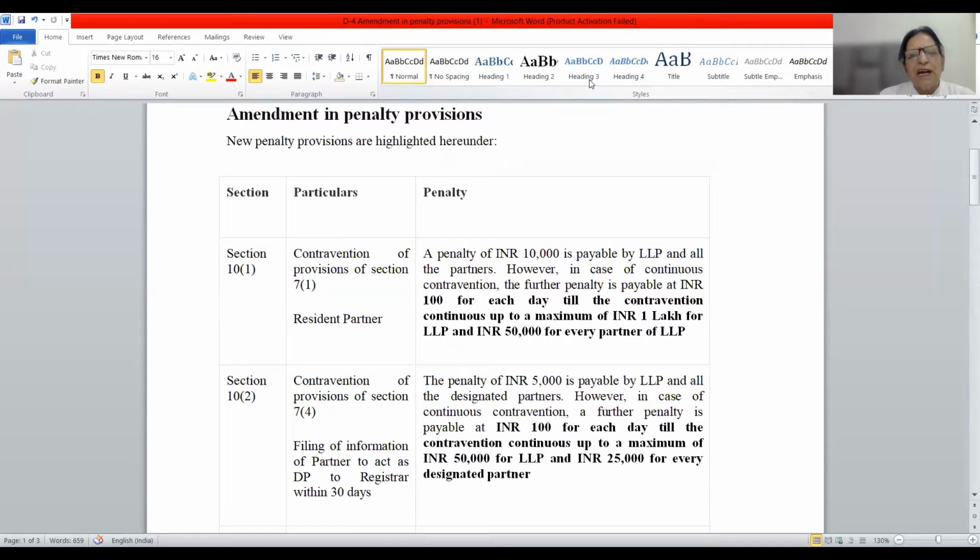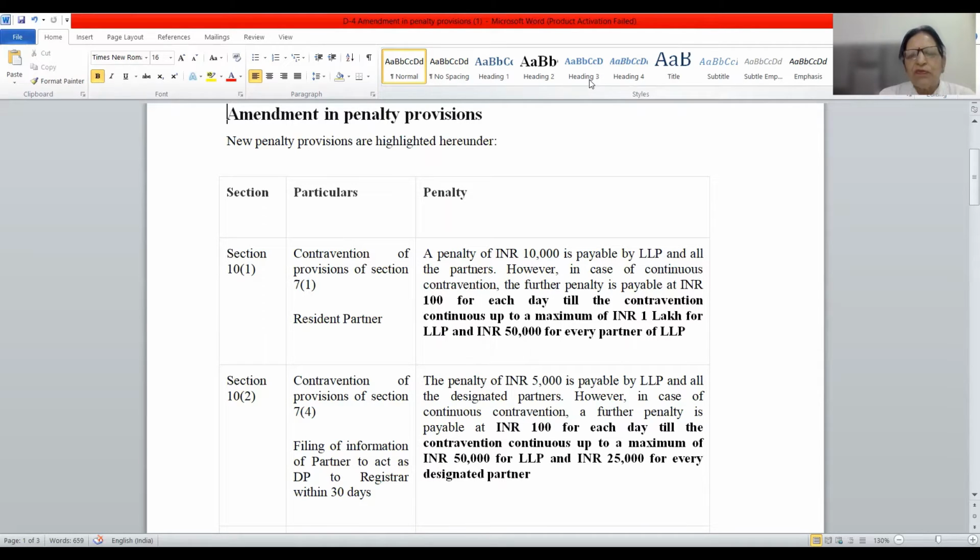Resident partner under this amended act means that person should have stayed in India in the financial year for a period of 120 days. And if there is any violation of this provision, then there is a penal provision. A penalty of Rs 10,000 is payable by LLP and all the partners.